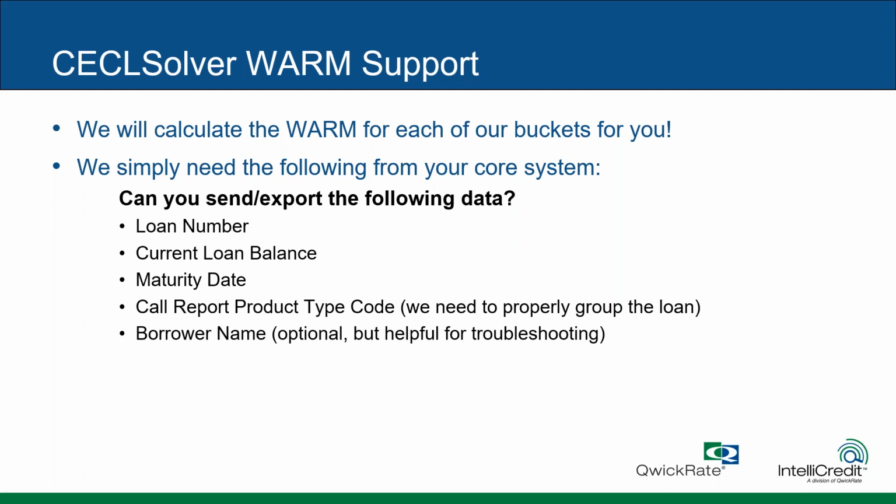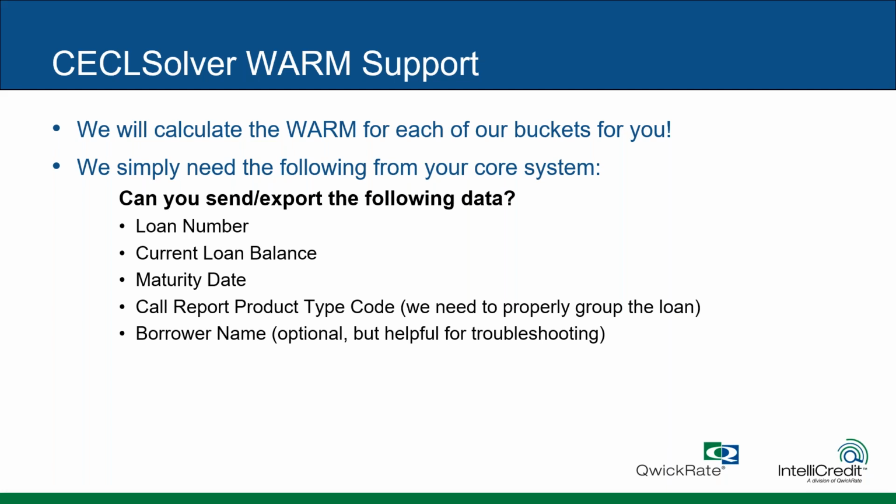All right, so we have roughly 300 credit unions. I believe more now, I think we're closer to 400 at this point. We'll have to revisit that number. Most of which are using us to calculate their WARMs, which is what Steve was just talking about a few moments ago. So again, this is the data that we need from you, which most of it comes from your Aries file.